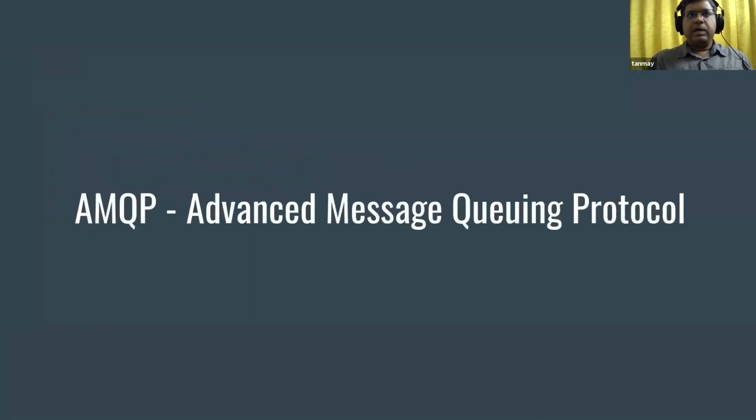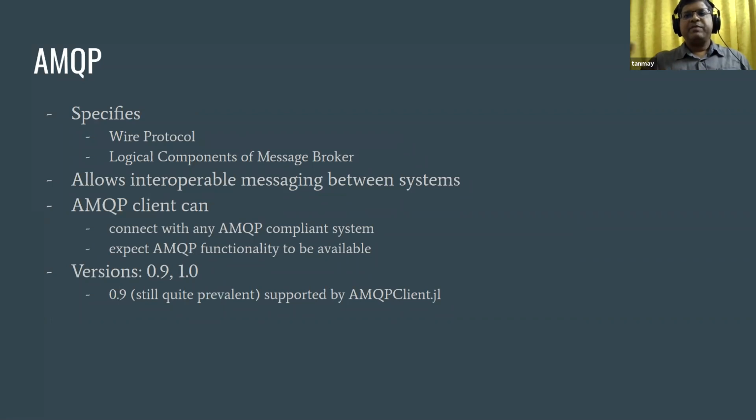So AMQP stands for Advanced Message Queuing Protocol. What AMQP specifies is the wire level protocol, and it also specifies the logical components of a message broker. The message broker is the service that facilitates messaging, the one that implements the AMQP protocol.